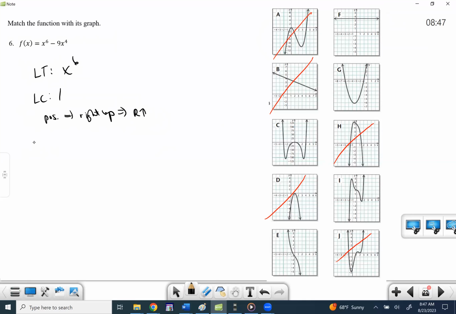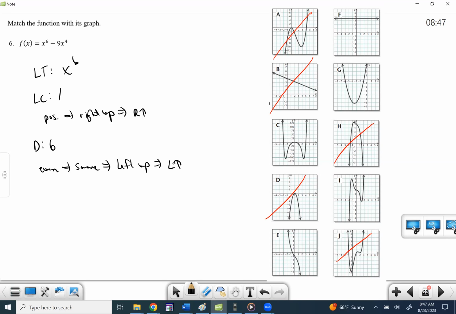But let's go in. The degree is 6. Since it's even, the left is going to do the same. So if the right went up, then the left goes up. So the right is up and the left is up.